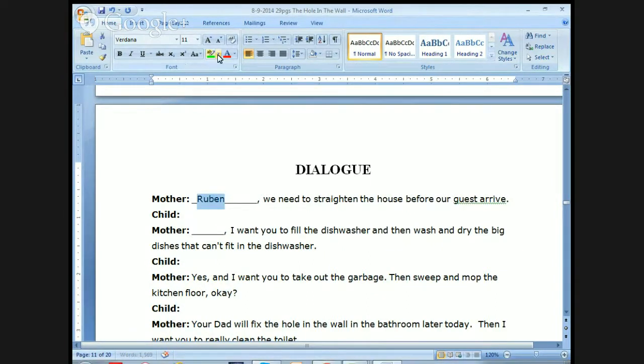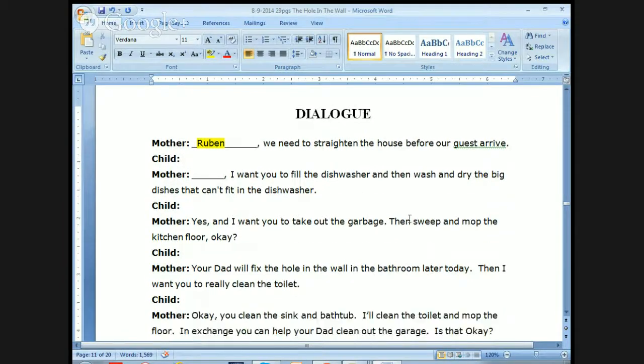Okay. Ruben, we need to straighten the house before our guests arrive. Really? Ruben, I want you to fill the dishwasher and then wash and dry the big dishes that can't fit in the dishwasher. Oh, I did that before.